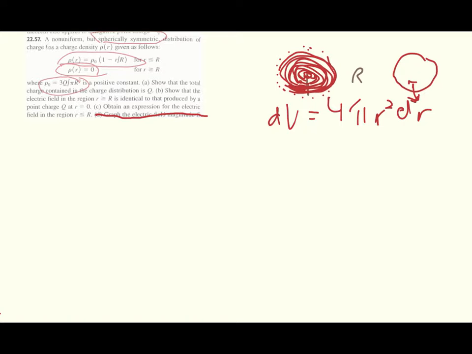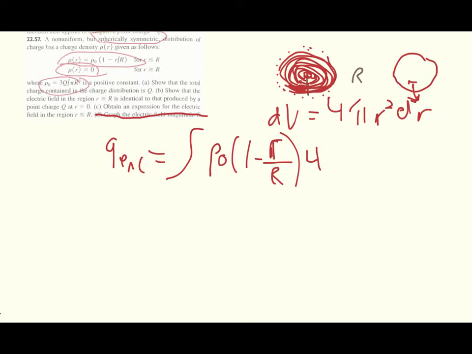So to find Q, we're going to have to take the expression 1 minus r over R and multiply it by that element. So it's going to be 4 pi r squared dr, because that's going to be our thickness.